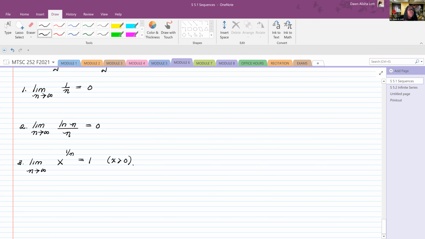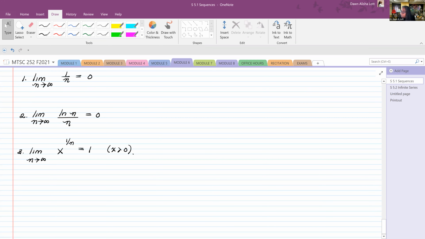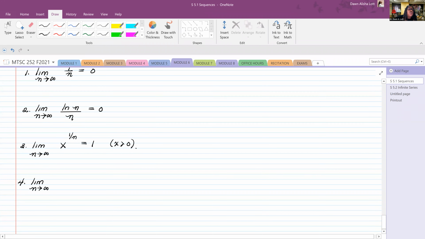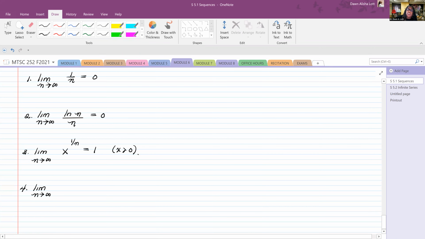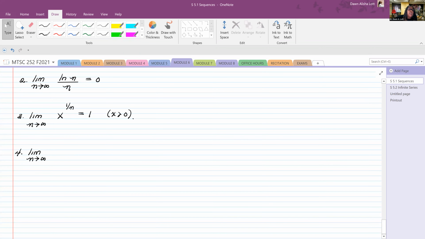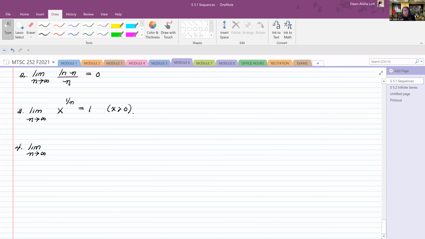So now I know that limit, and we will use that. Number 4, the limit as n goes to infinity. So this is one of those things where I say you go home and you make sure you know it and you learn it and it stays in your head. That's this list right here. Okay, this is not a list that you have to go to refer to. You need to know this.